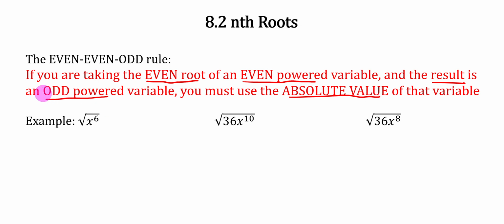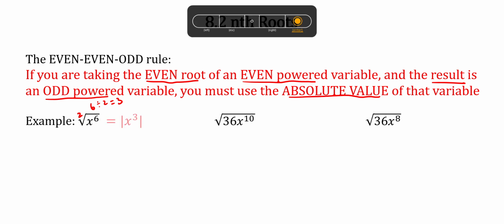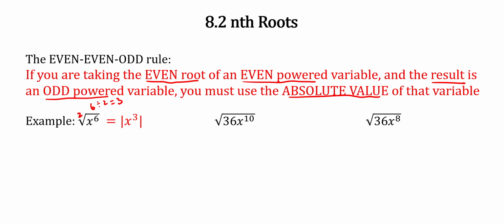Even, odd. So here, I've got even, and 6 divided by 2 is odd. So I'm going to get x to the third, but I went even, odd. So I have to use the absolute value of x to the third.